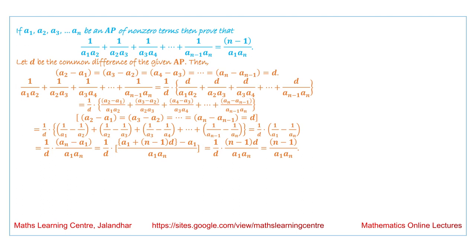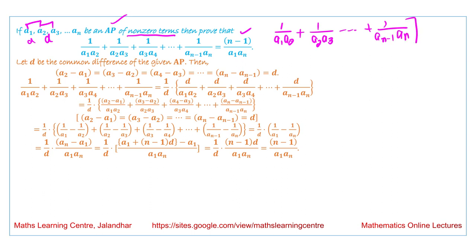Next is, if a1, a2 and so on up to an is an AP of non-zero terms, then we have to prove this result. So again a2 − a1 will be d, a3 − a2 will be d, the common difference d will be there. Now we are talking about this term, 1/(a1a2) + 1/(a2a3) and so on up to 1/(a(n−1)an).